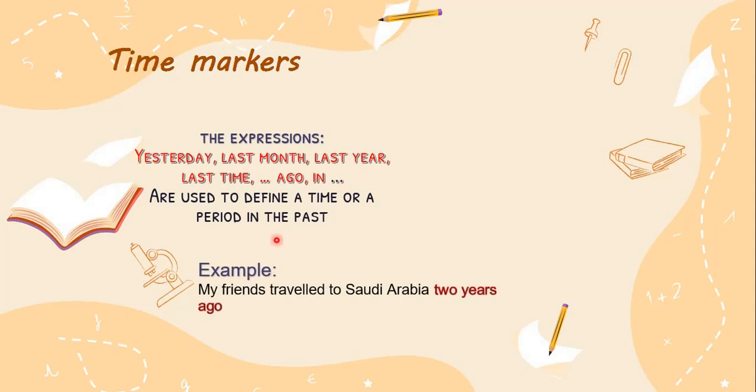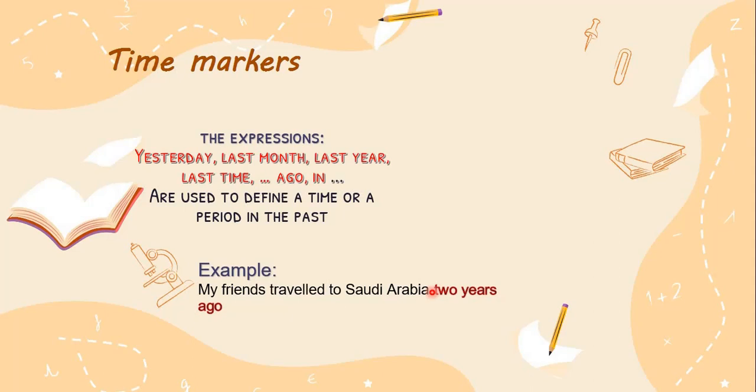Example: my friends traveled to Saudi Arabia. If we stop here, it means that this action happened in the past, but at which time?